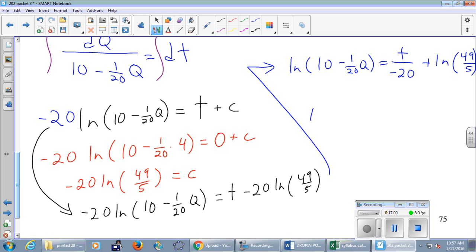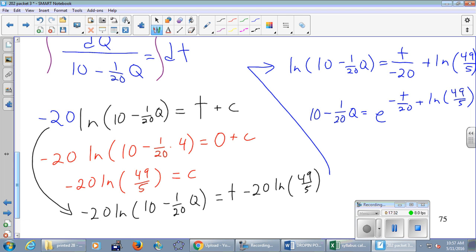So the left-hand side is just the 10 minus the 20th Q. Right-hand side is just E to everything that we had before. Now on the right-hand side, I see an E to something with ln inside of it.